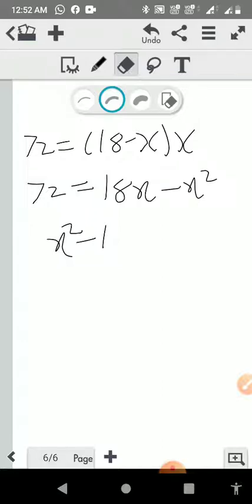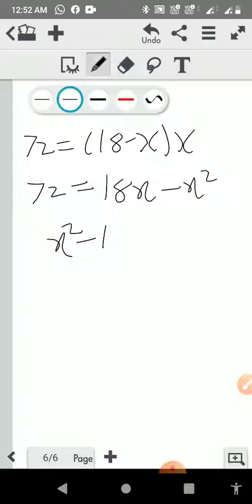So I can write this as x square minus 18x plus 72 equal to 0. Now I can factor it to find the roots of this equation.